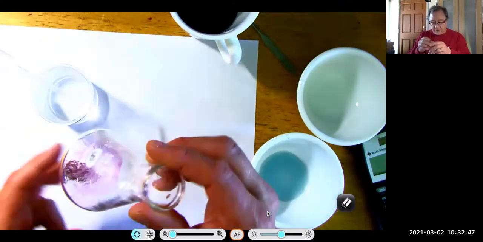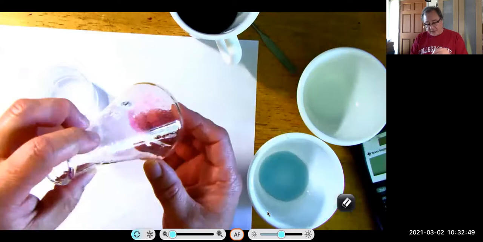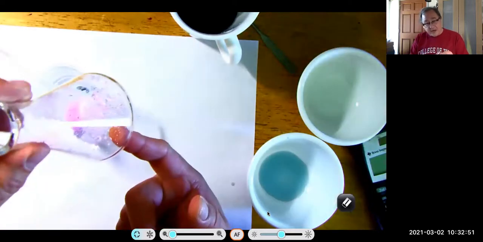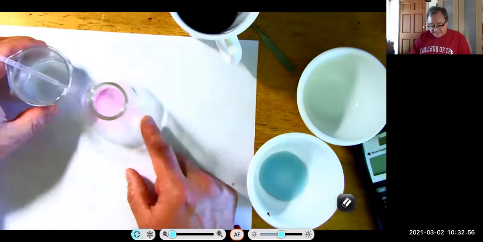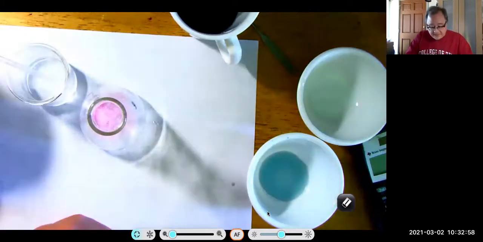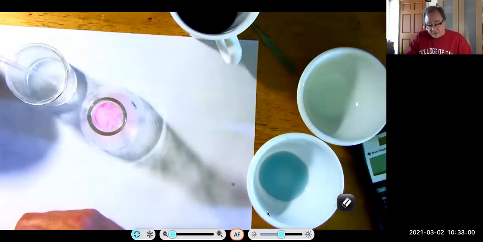Now, I'm going to tell you a few things before we get started. You will see little grains of potassium hydrogen phthalate in the bottom of this, because it turns out the potassium hydrogen phthalate, even though it has the potassium ion, is not very water soluble.